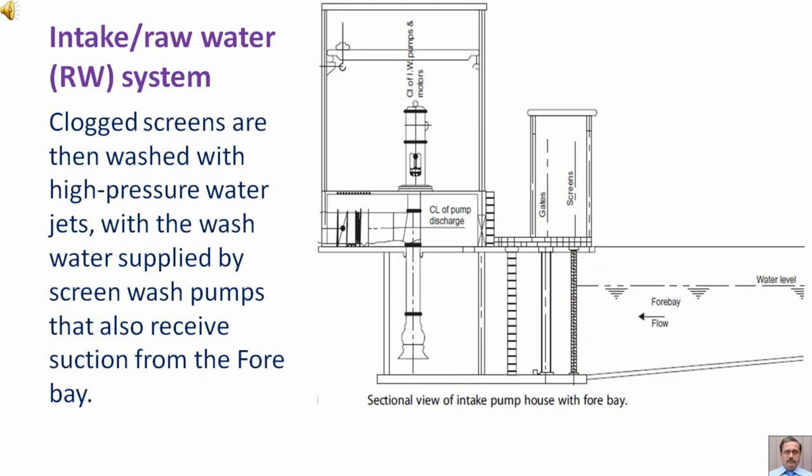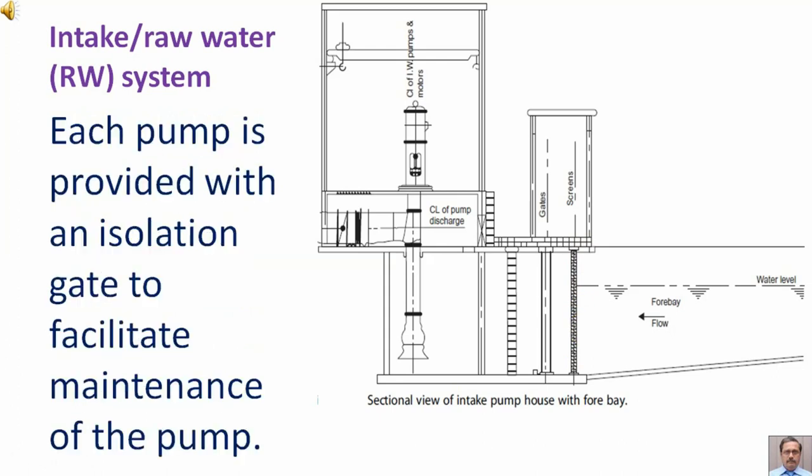Clogged screens are then washed with high pressure water jets, with the wash water supplied by screen wash pumps that also receive suction from the 4 bay. Each pump is provided with an isolation gate to facilitate maintenance of the pump.